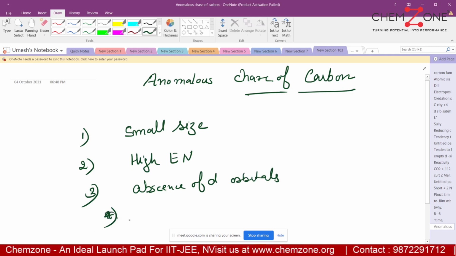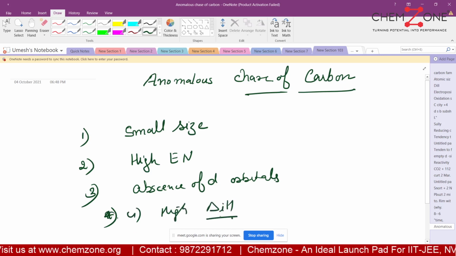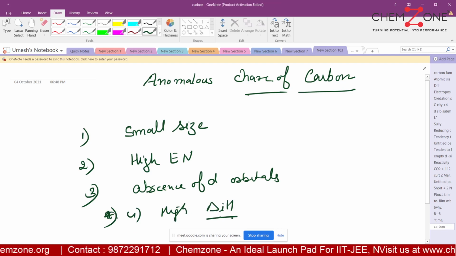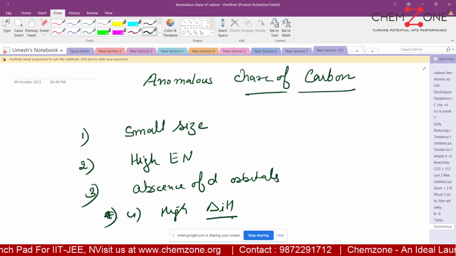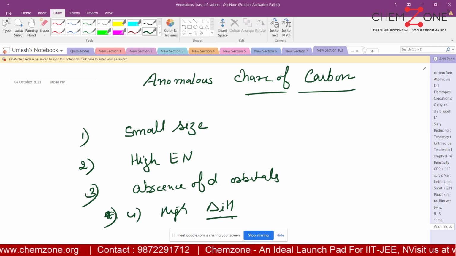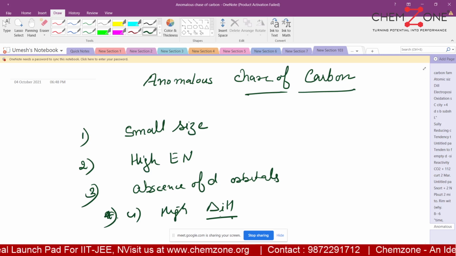And one more: high enthalpy of ionization. Due to these four reasons, it shows anomalous behavior, meaning different from the other members of the same group. That is the anomalous character.